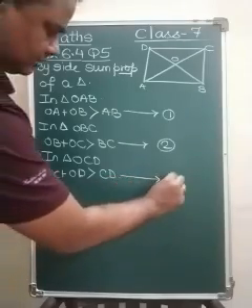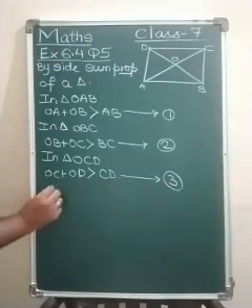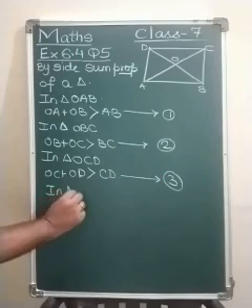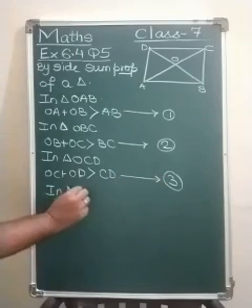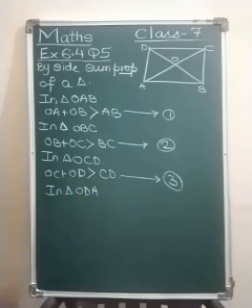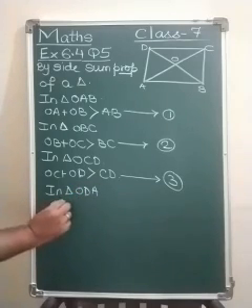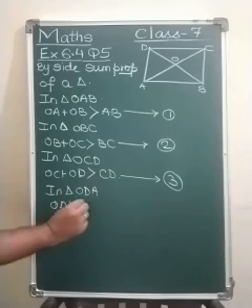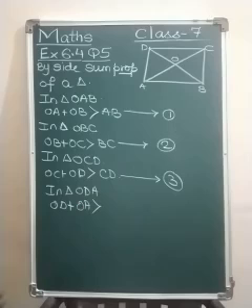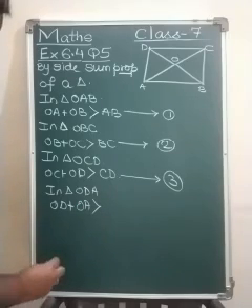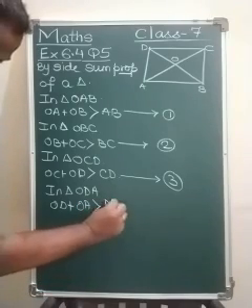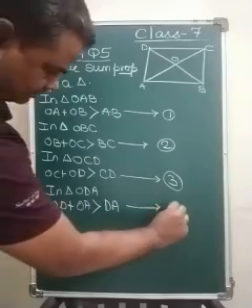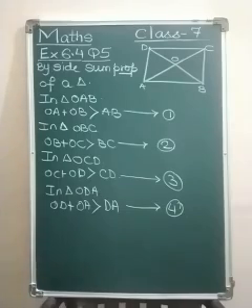This would be number 3. In triangle ODA, OD plus OA is greater than DA. So this would be number 4.